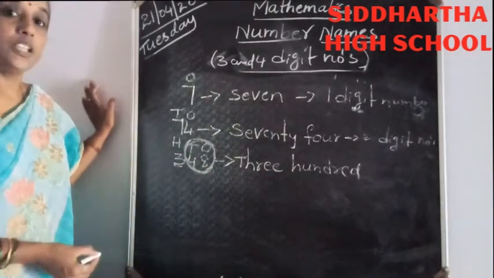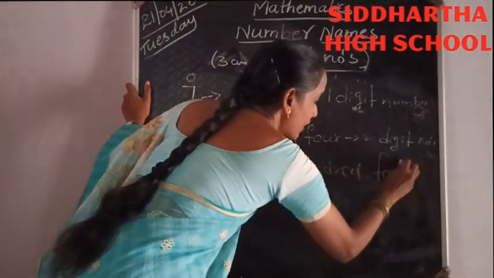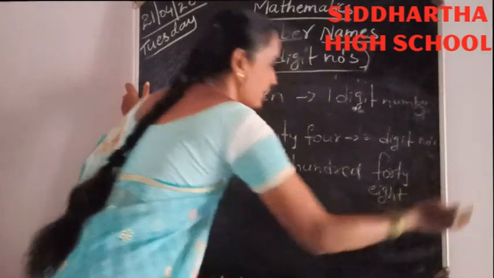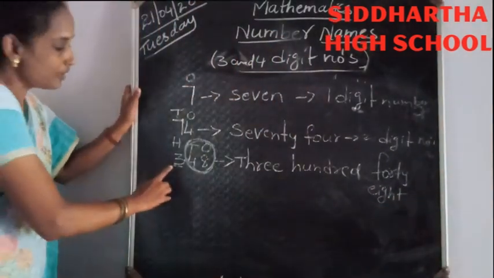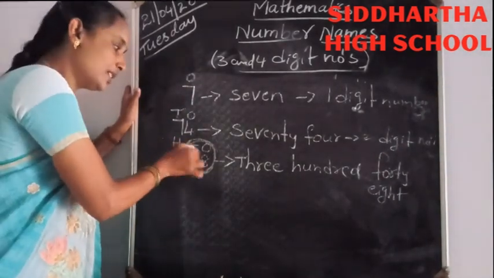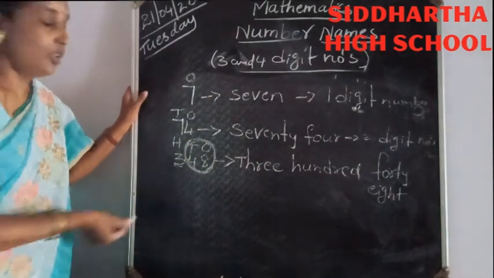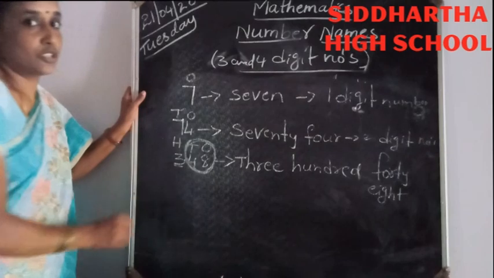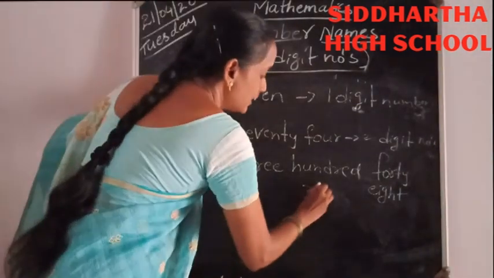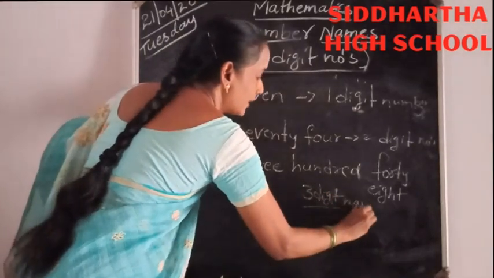This is the 48. 348. Why? Because 3 is in hundreds place, 4 in the tens place, 8 in the ones place. 4 in the tens place means that value is 40, no? So 48. Okay children. Now this has 3 digits. That's why this is a 3 digit number.